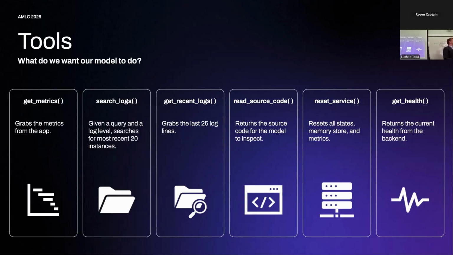As agents get better, they need ways to verify that what they've done is actually improving the application and not hurting it. If you give an agent a tool such as get metrics, it can constantly check how the application's doing and use that to objectively measure its performance.